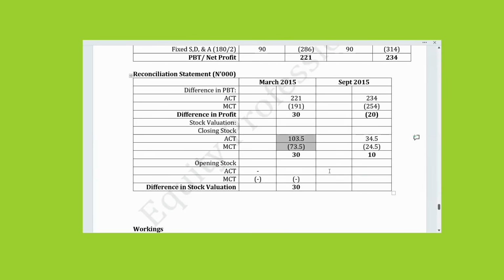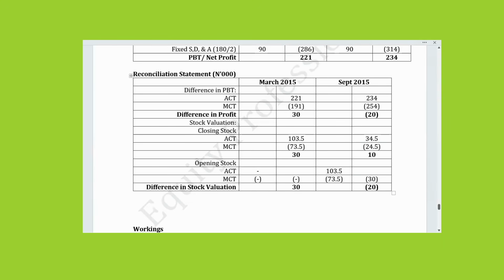So here will be 103 under the absorption, then 73.5 under the marginal costing. So the difference will be equal to 30. So 10 minus 30 will give us minus 20. That's it. That's the end of it.